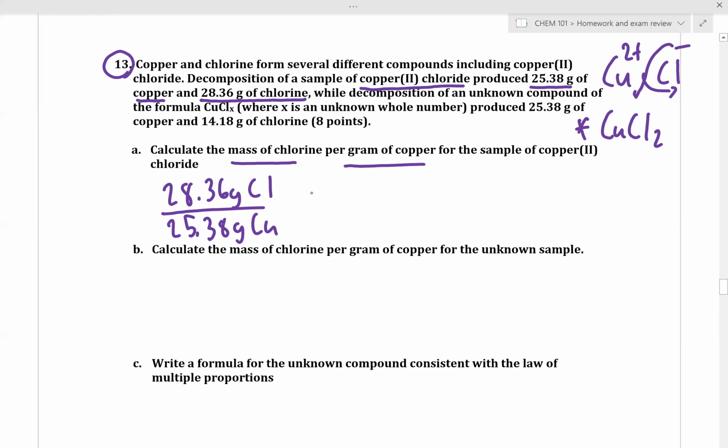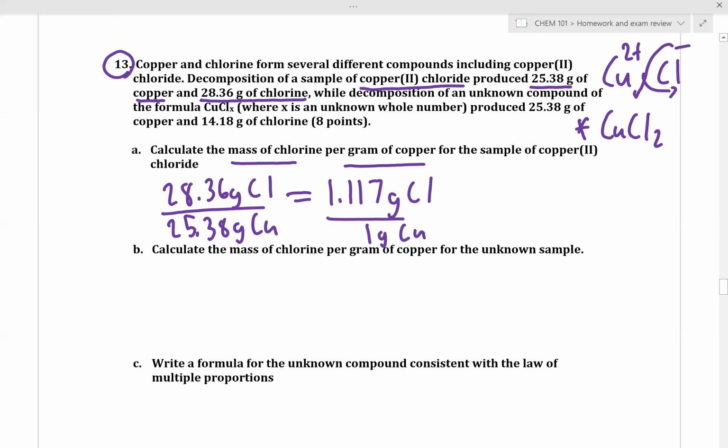Okay, so all we have to do now is punch that into our calculator. Would you like me to show this on the document cam for the calculator input, or is this one straightforward enough? Okay. So we have 28.36 divided by 25.38, and that gives us 1.117 grams of chlorine per 1 gram of copper.